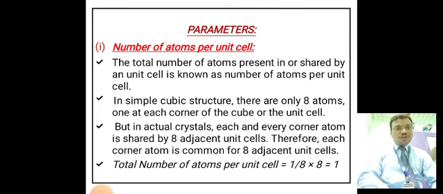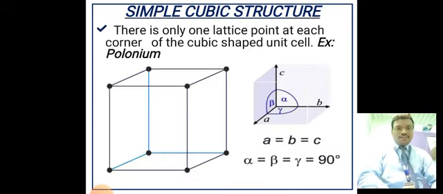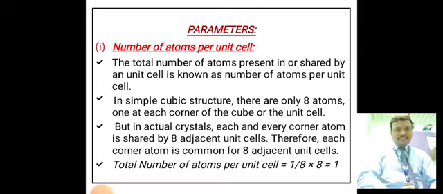The total number of atoms present in or shared by a unit cell is known as the number of atoms per unit cell. In simple cubic structures, there are 8 atoms, one at each corner of the unit cell. As I already told, there are 8 corners and in each corner one atom is located.